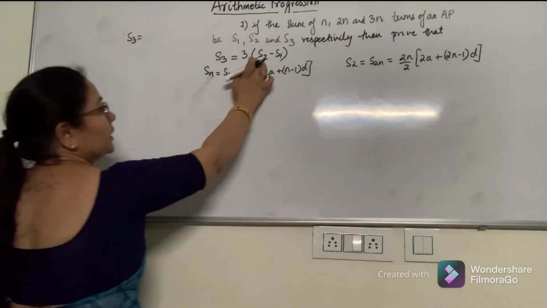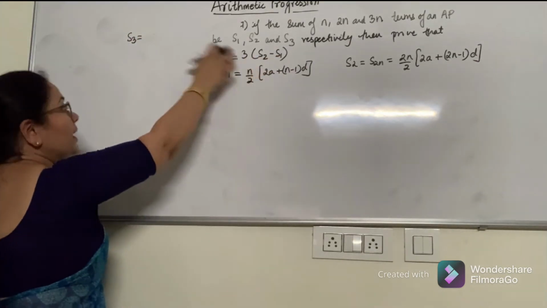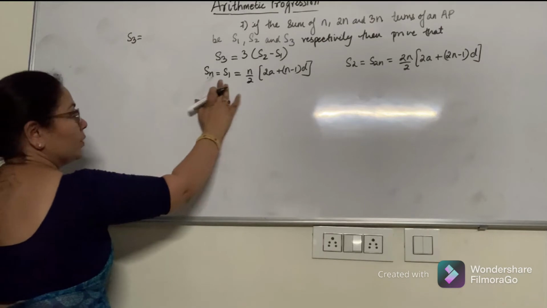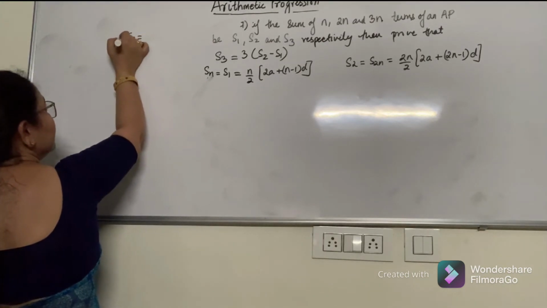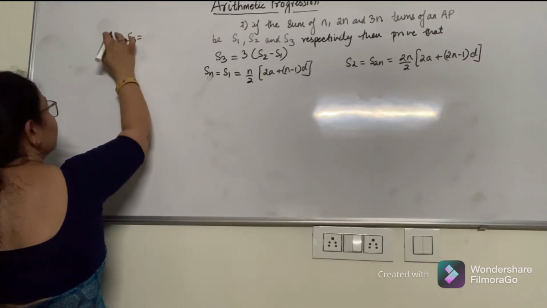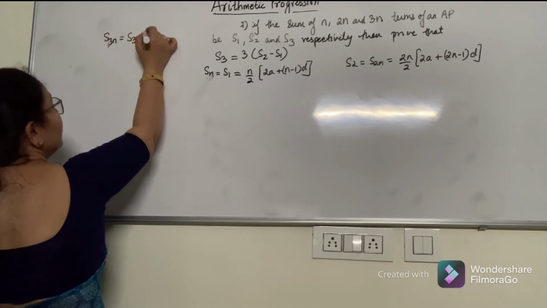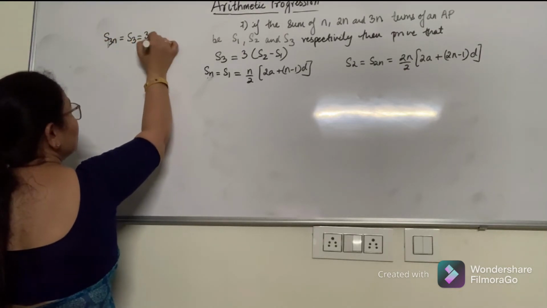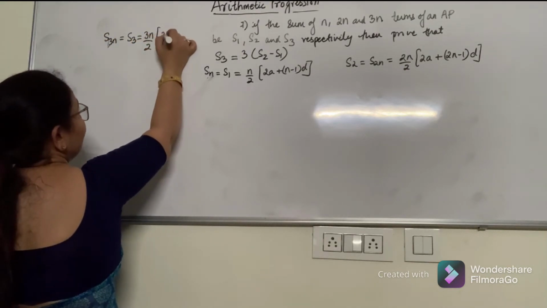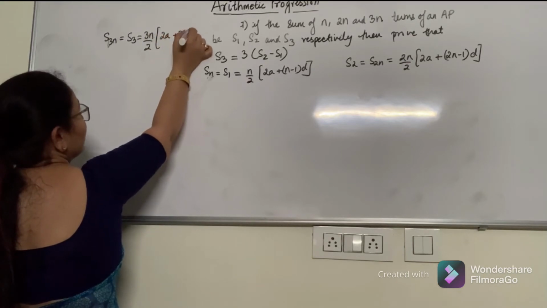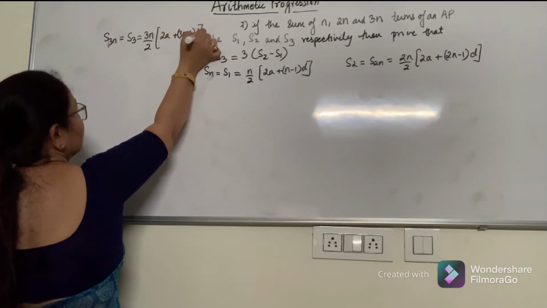Subtracting S1 from S2 and multiplying by 3, we have to prove it is equal to S3. So S3n will be 3n by 2, 2a plus (3n minus 1)d.